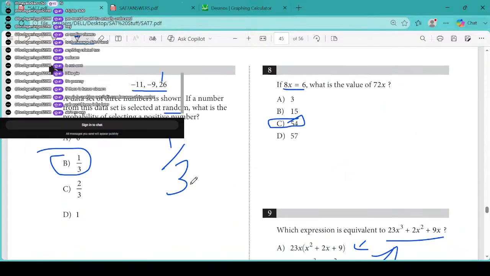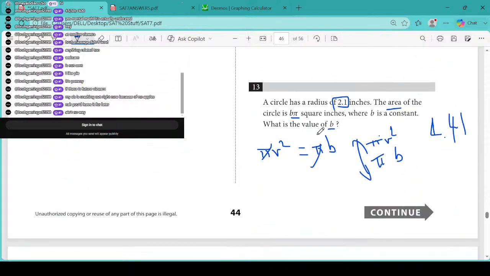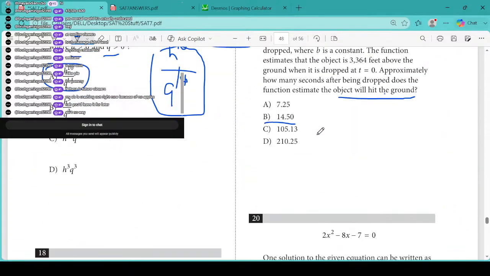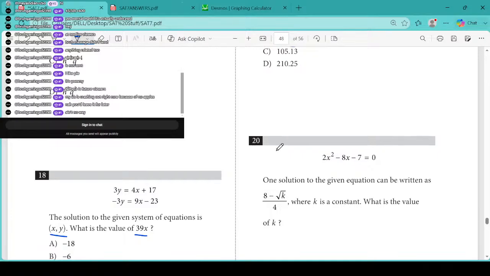Probability, I don't even think you're gonna see these type of questions. Super simple. You should probably use the shortcut because you know 9 times 8 equals 72. When they ask you for a value like 72x, it usually means you can just multiply it without solving for x, as you can see in this other question here.